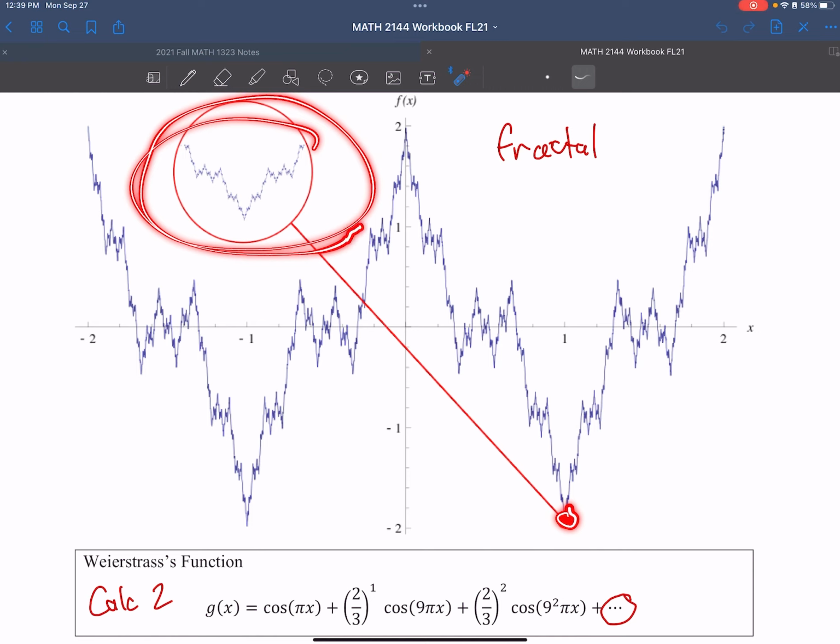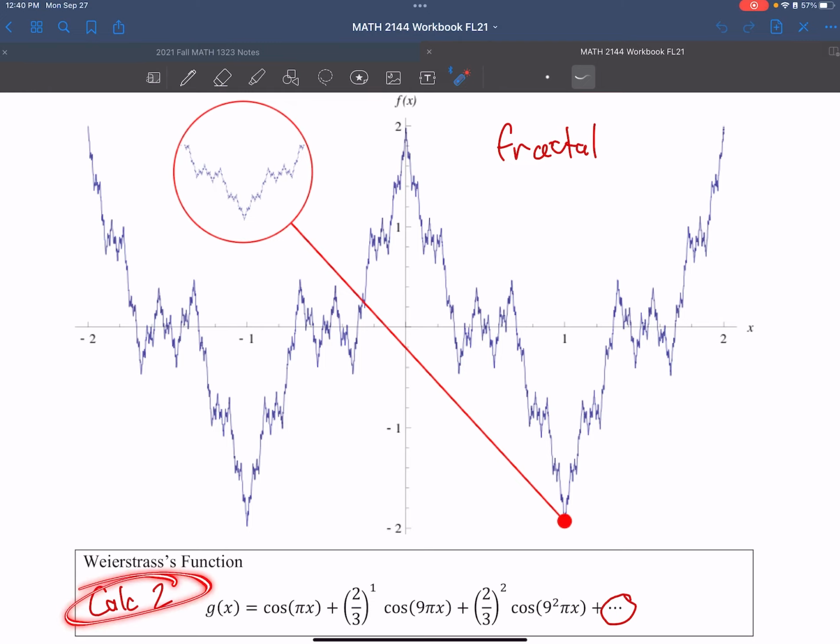So this is a little bit weird, but it is a function that is continuous everywhere, but differentiable nowhere. That is literally saying every time you try to plug in a point, there is going to be a sharp turn. So there's a little bit of a weird idea that's not intuitive. How can something be completely continuous, but at the same time be taking sharp turns at every single moment? Anyway, that's an idea we explore more in Calculus 2.